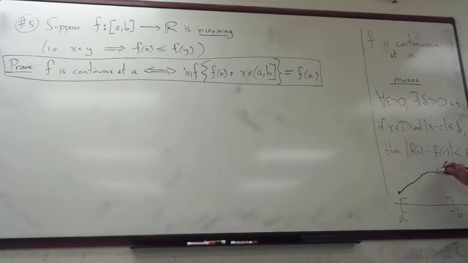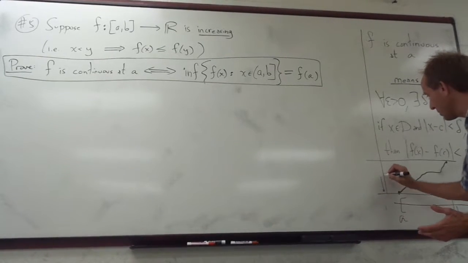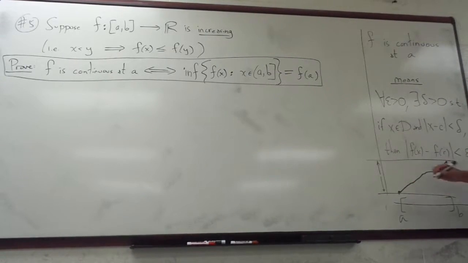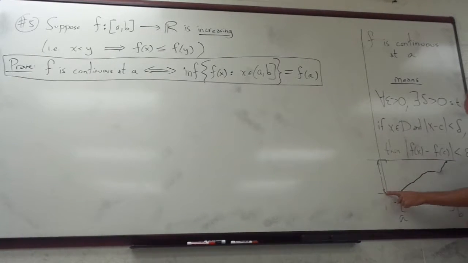So that would be everything that's in the y direction, basically from here to here, right? These y values. And the idea is, and of course we're using the open interval here and the closed interval here, the infimum of that should just be whatever f of a is. This value right here. That's what the picture is kind of showing. Does that make some sense? Okay. So that's the idea.